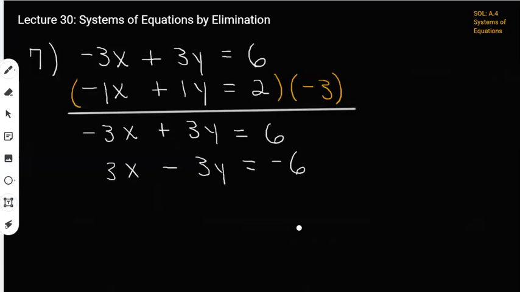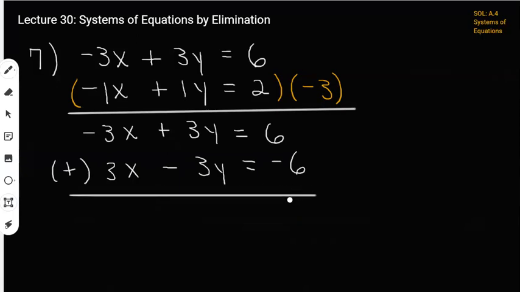I've got a -3x on top, and I've got a positive 3x on the bottom. So if I add the two lines, I should get 0x. So that's what I'm going to do. I'm going to add up the two lines now. So put your plus sign in parentheses off to the side like this, and then draw your line.